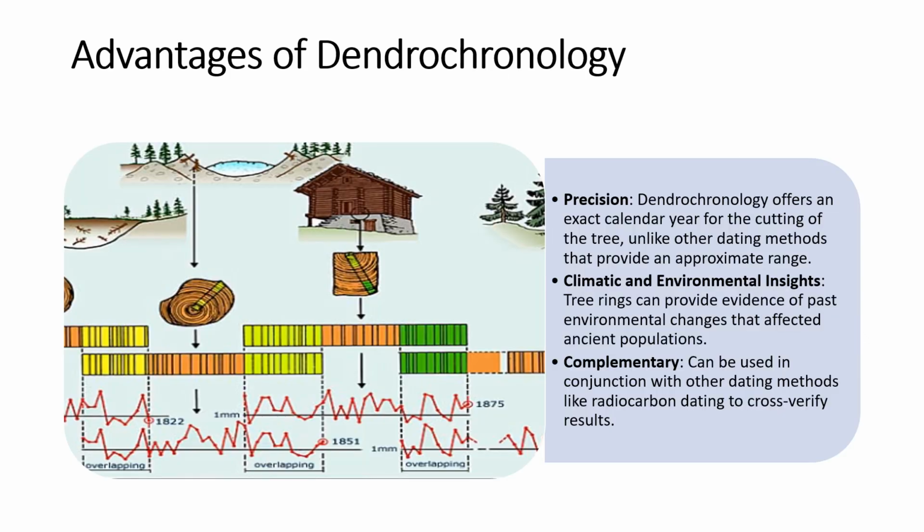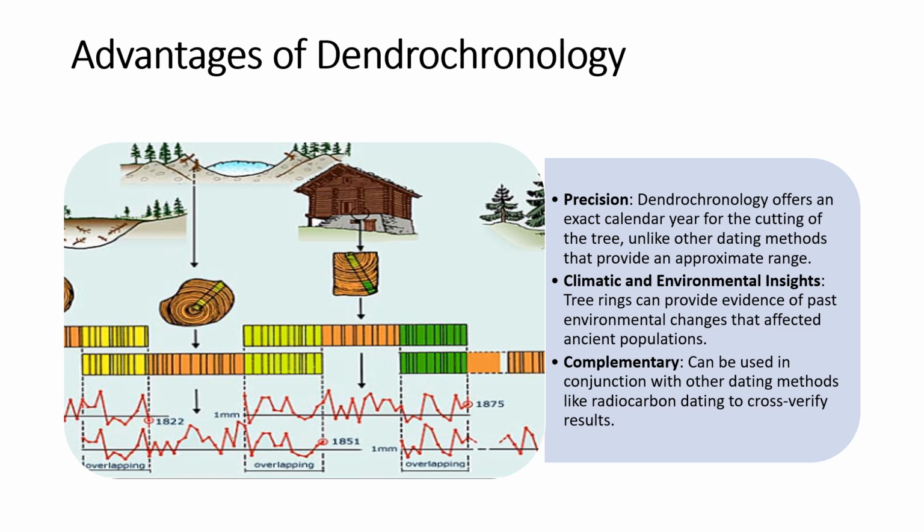Now, there are some advantages of dendrochronology, which are very important if an archaeologist is trying to select a dating technique for his or her study. Let's quickly understand the advantages.